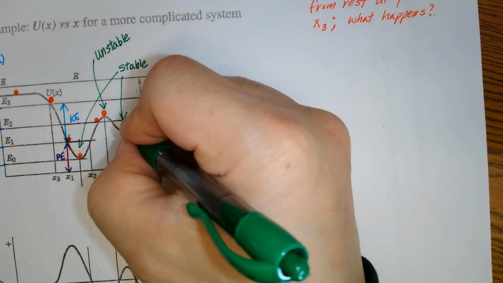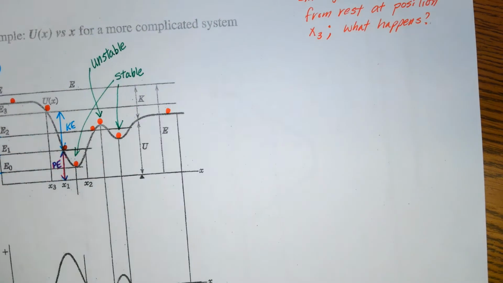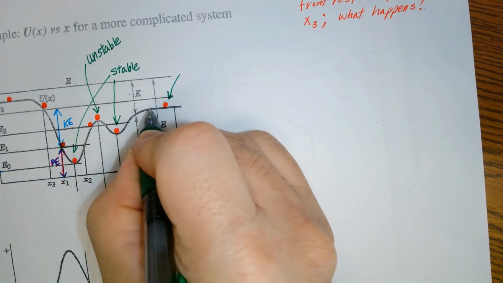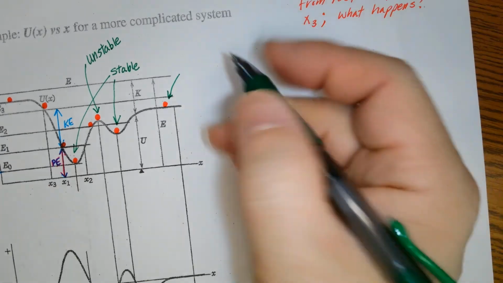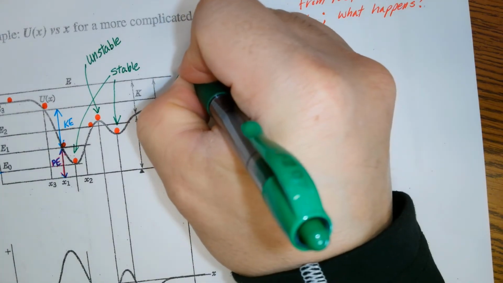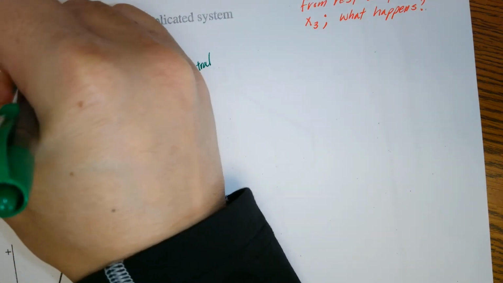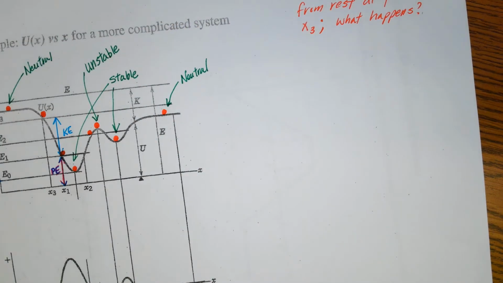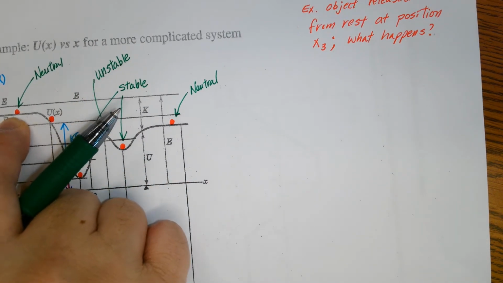Unstable, stable, stable, unstable. Here is very neutral. When it's flat, when there's no force, it's very neutral. And so is this, neutral, since the slope is 0. Force is 0.